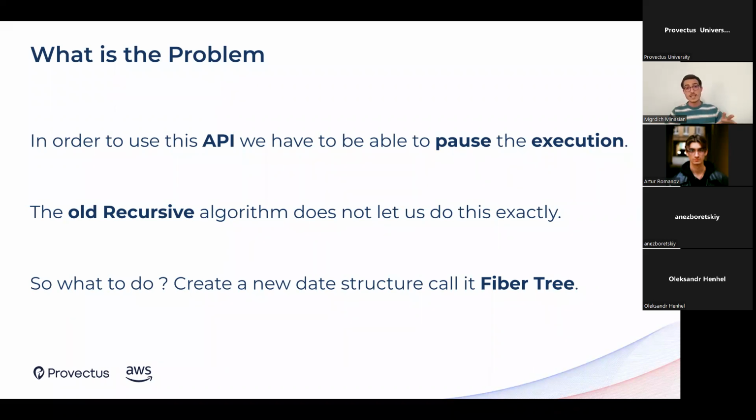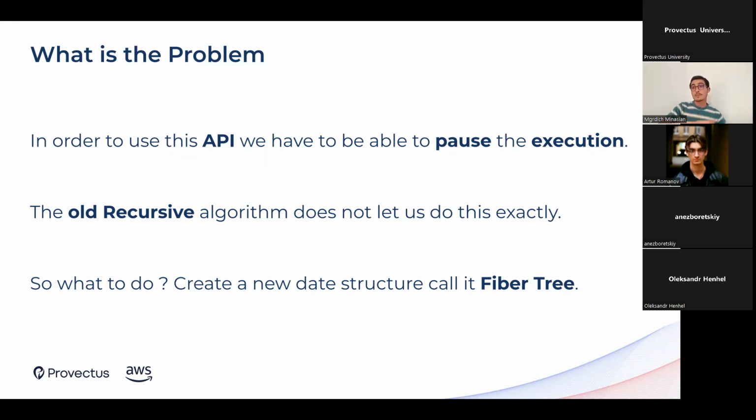But the old React recursive algorithm, some people call it the virtual DOM or the stack reconciler, but it's much more preferable to call it the stack reconciler, and I will explain why, does not actually let you pause the execution. So what to do?